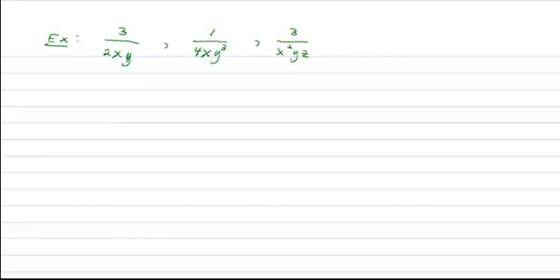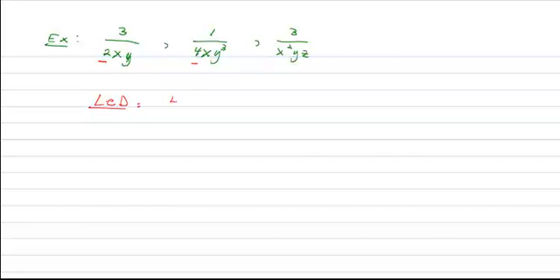So in this example we're given 3 expressions and we're told to find the LCD. Looking at the first denominator, I'm going to look at the numerical part first. I have 2, 4, and 1. What's the smallest number that 2, 4, and 1 divide evenly into?